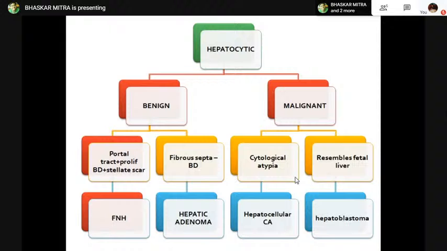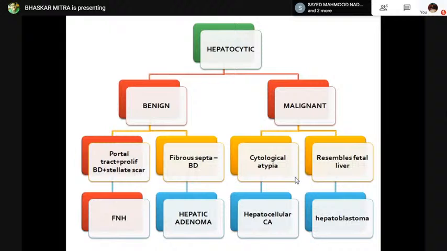Are we seeing hepatocytes with a mature looking morphology or an immature or fetal looking morphology? If we are seeing a mature, adult looking morphology, then we are dealing with hepatocellular carcinomas. Otherwise, we are dealing with fetal like liver tissue, hepatoblastomas.